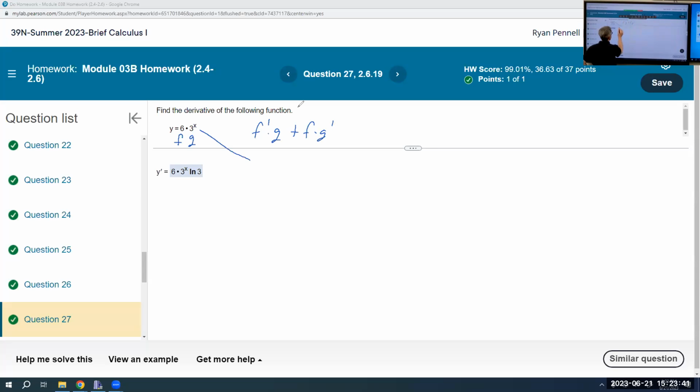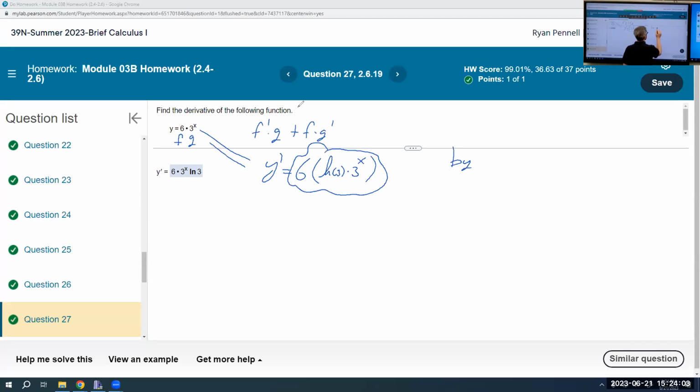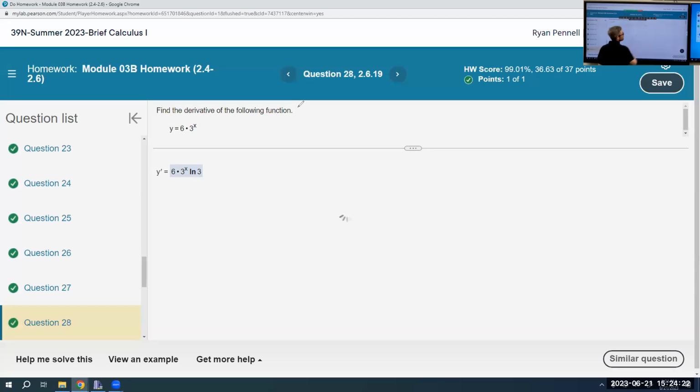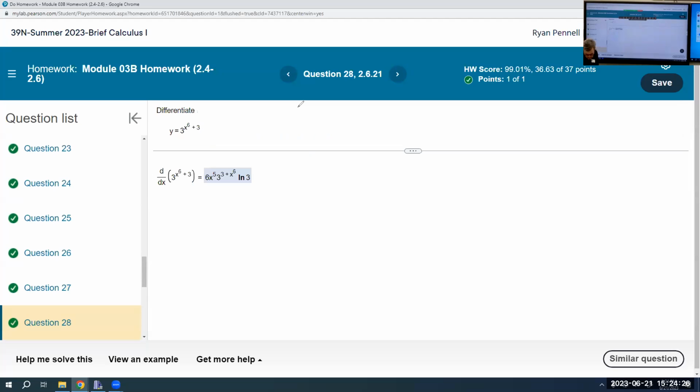We can just directly say, okay, well, then y prime equals 6 times the derivative of 3 to the x, which should be ln of 3 times 3 to the x by theorem 12. Any questions about that?